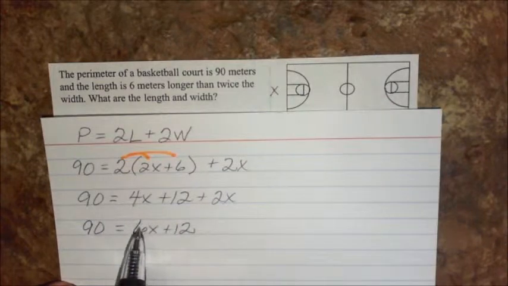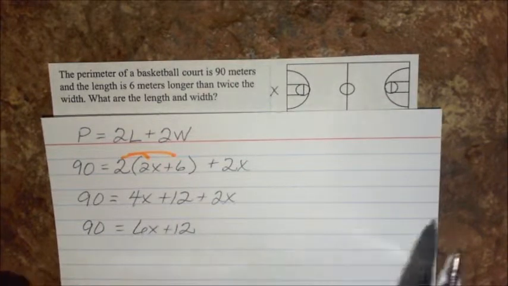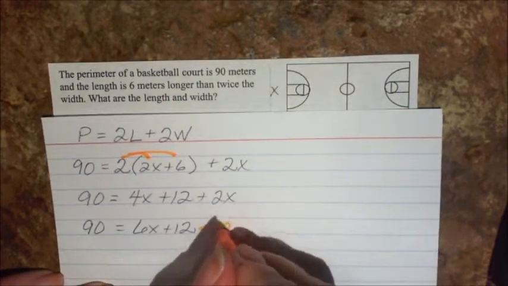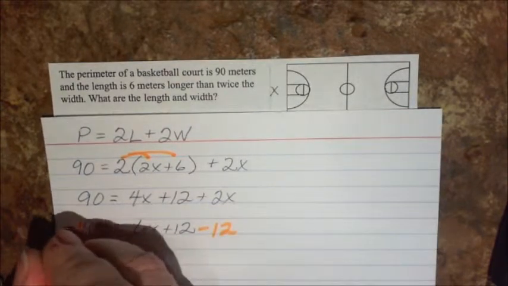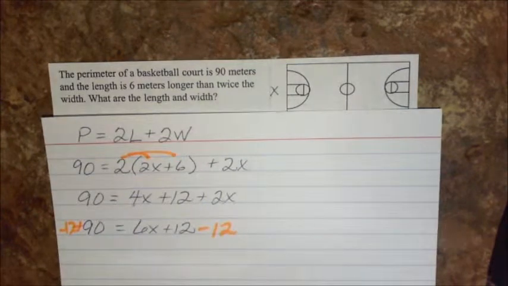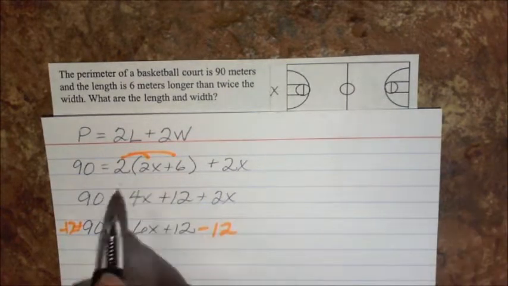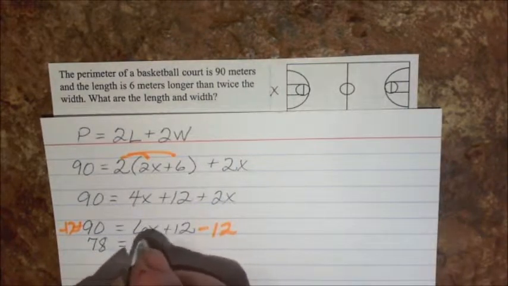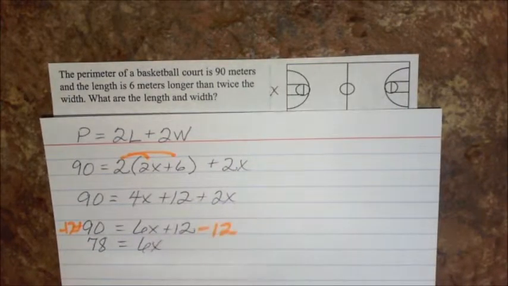Now we're working to isolate the variable term 6x, so we need to eliminate plus 12 with minus 12 on both sides, or plus a negative 12. It's the same thing. So that gives us over here 78 is equal to 6x, and plus 12 minus 12 zeros out.